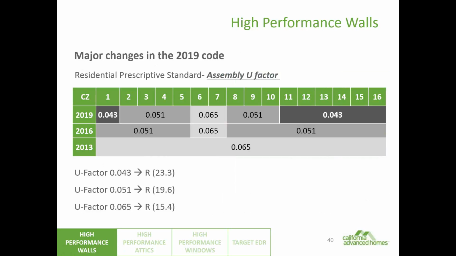So again, this is assembly U factor. This is the prescriptive, and it's not a mandatory requirement. Prescriptive, again, this is what your building will be judged against. The PV credit trade-off right now is an easy out for a lot of builders, but it's going away.